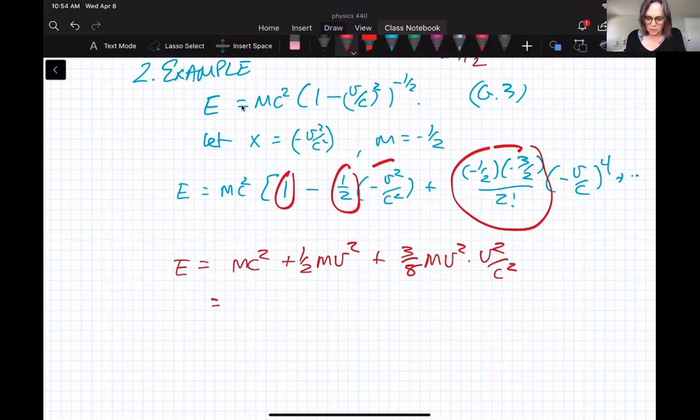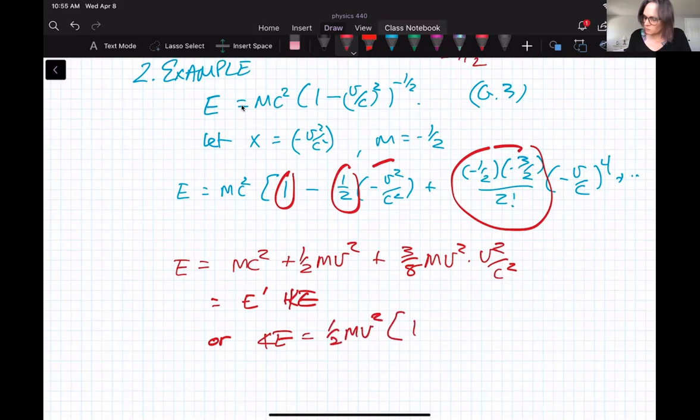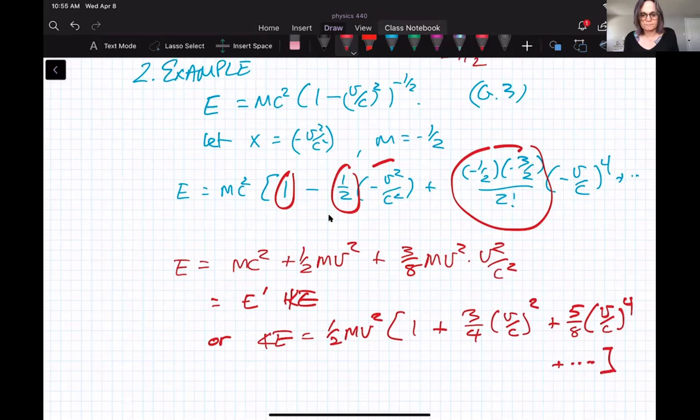In other words, it's equal to whatever you want to call that, depending on whether you're comfortable calling it rest energy or not, plus an expansion for the kinetic energy, or the relativistic kinetic energy, being 1/2 mv squared times 1 plus 3/4 v squared over c squared plus 5/8 v over c to the 4th, and so on.